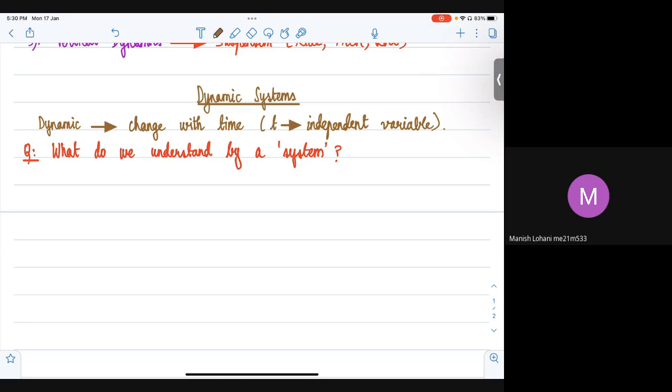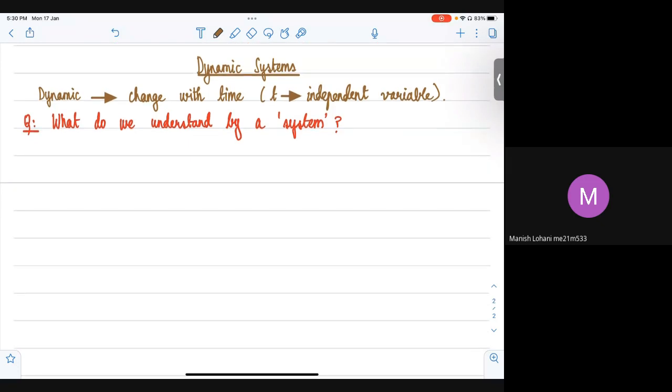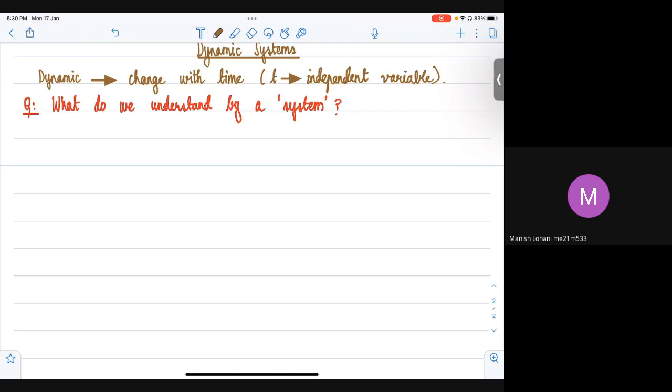If we look at fluid mechanics, the same word system will have a different meaning. We will be looking at a set of fluid particles that we are interested in studying and characterizing. So you can see that the word system can have different meanings depending on the field of study and how we are going to visualize it.